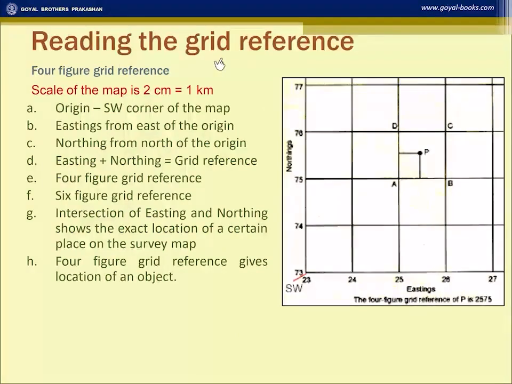Now we come to the grid reference. I told you the grid is the point where you see the squares. These squares which are of 2 centimeters by 2 centimeters, ultimately showing 1 kilometer by 1 kilometer, and wherever the easting and northing intersect each other, that shows the location of that particular point.